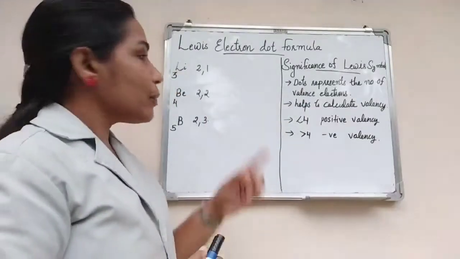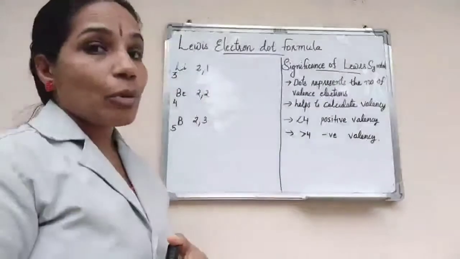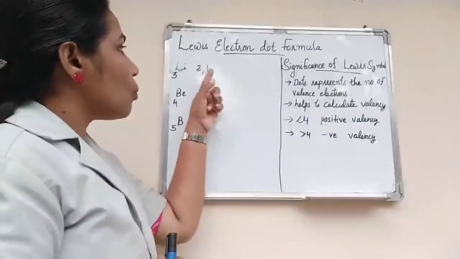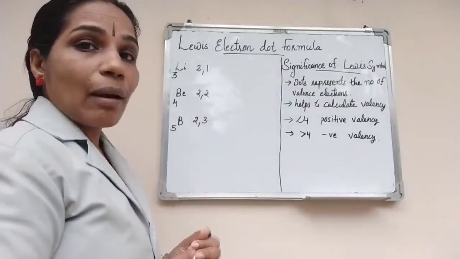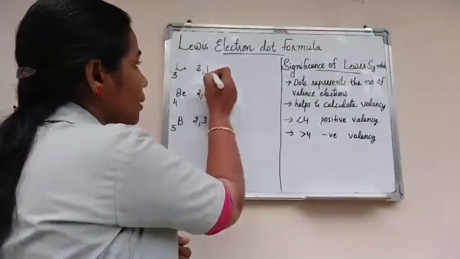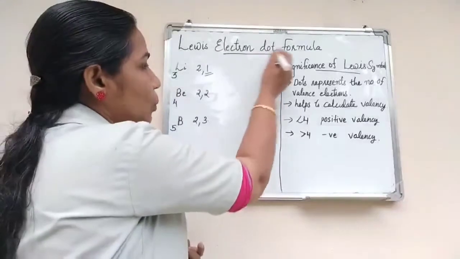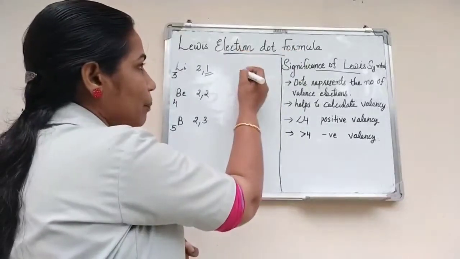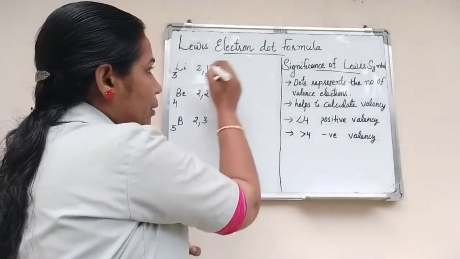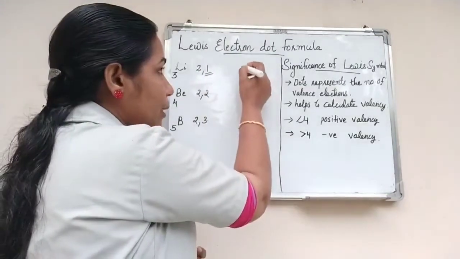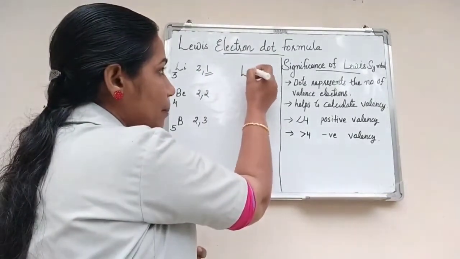One example, lithium. Atomic number 3. Electronic configuration 2, 1. Then the number of valence electrons is 1. According to the Lewis dot formula, the valence electron is represented as a dot around its symbol.